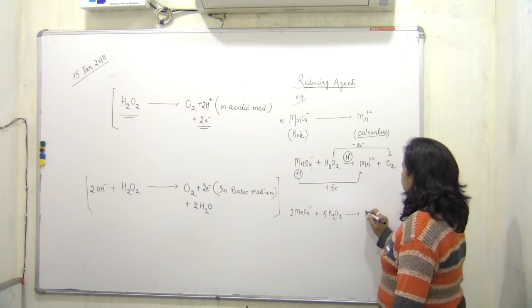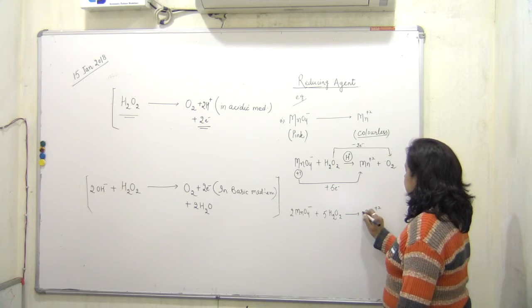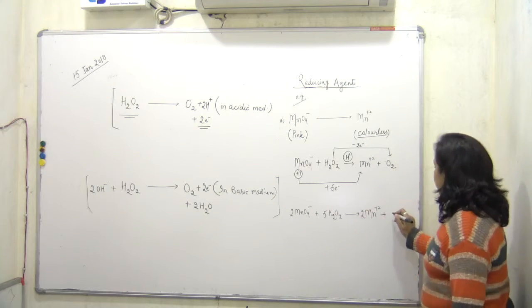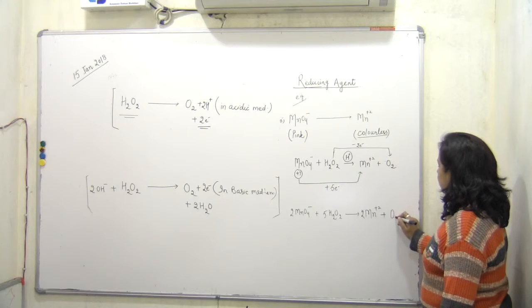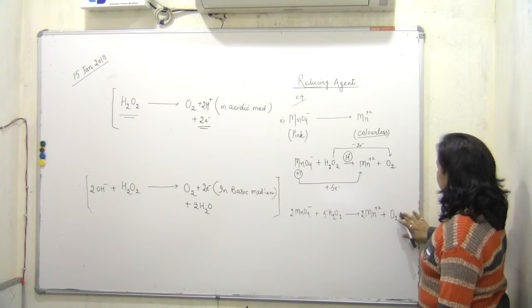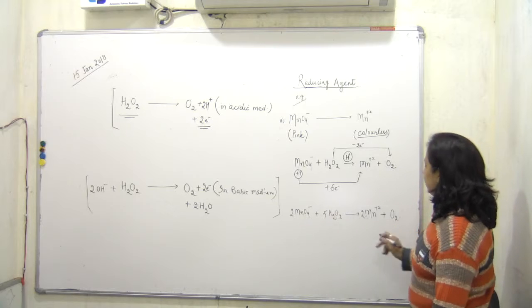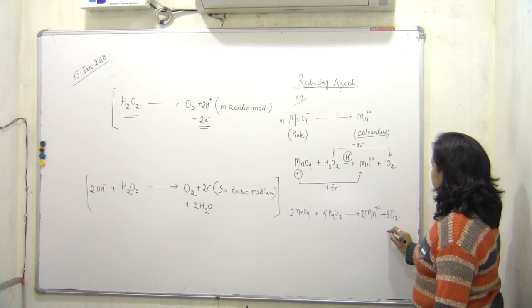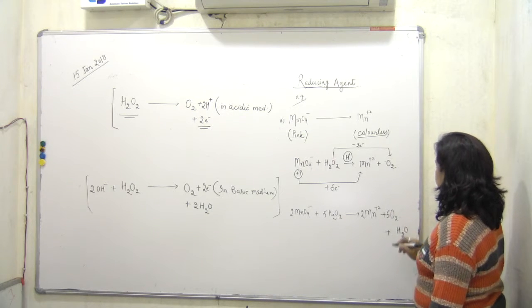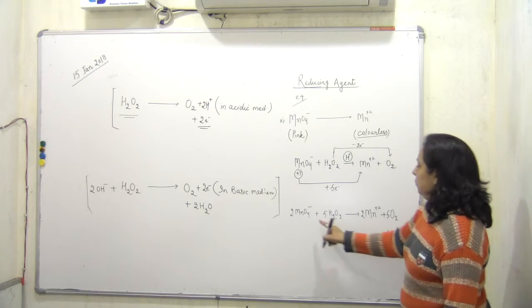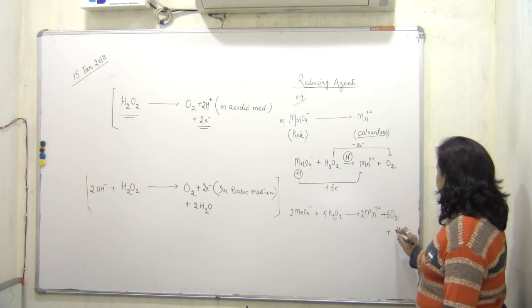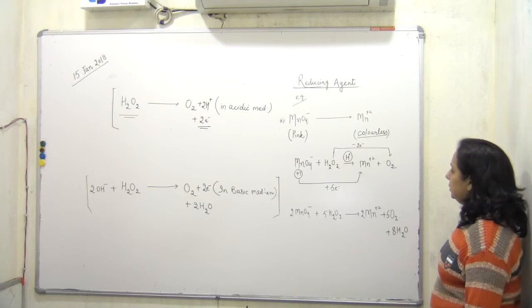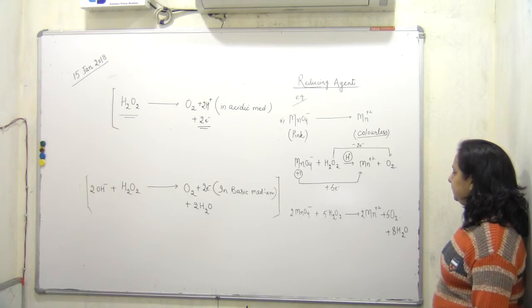We get 2 Mn2 positive plus oxygen. Oxygen can be balanced as 5 2s are 10, 5 oxygen, and water. 4 oxygen atoms are there, 4 2s are 8, therefore 8 water to be added.